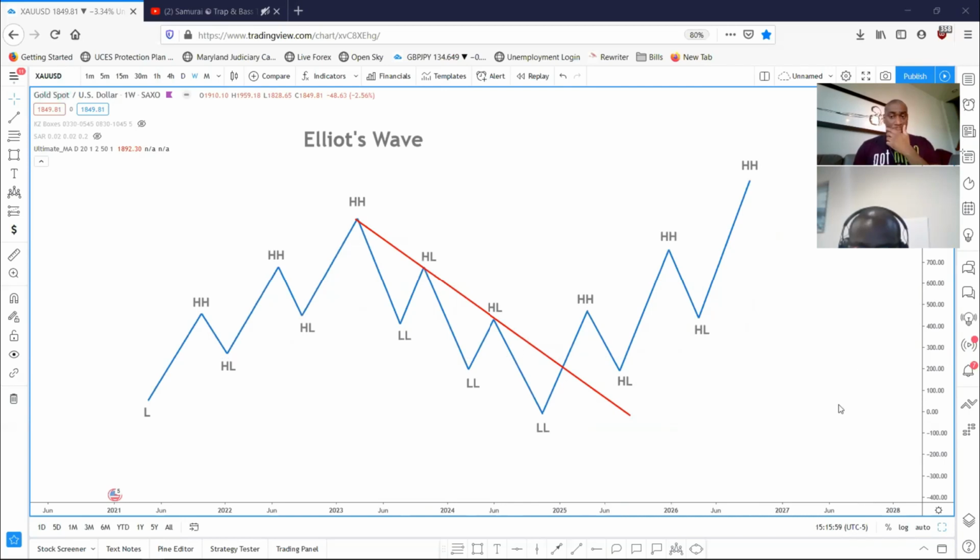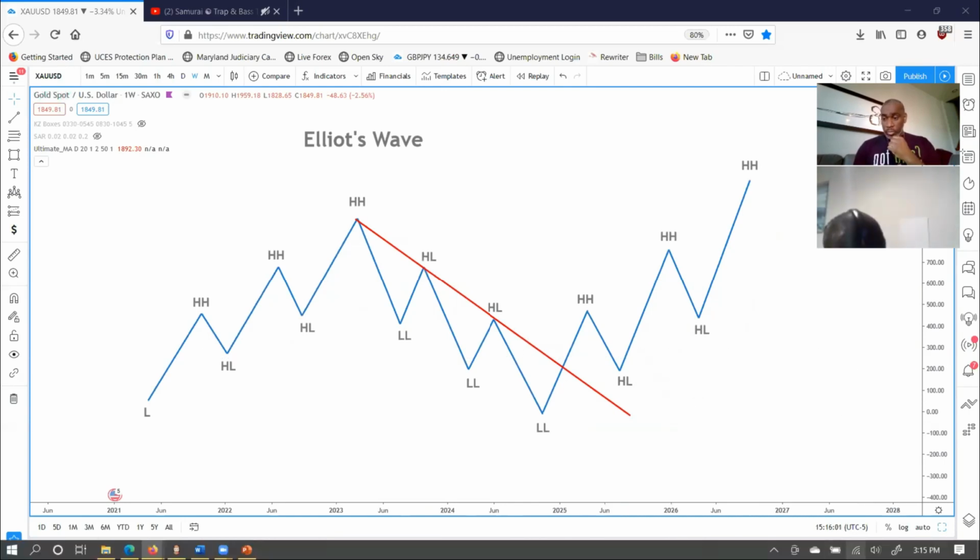Now, what I'm going to do is switch over to the charts because I wanted you guys to see some things. All right? Now, I've been focusing on gold a lot lately. And the reason why is because I really believe that gold is about to shoot up. It's about to shoot up fairly nicely.